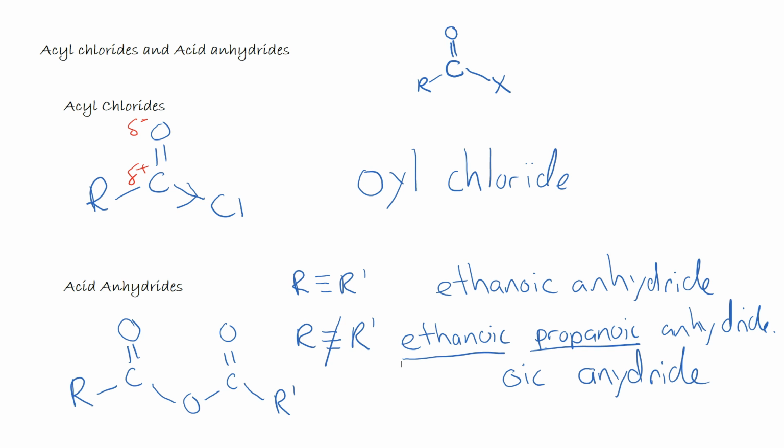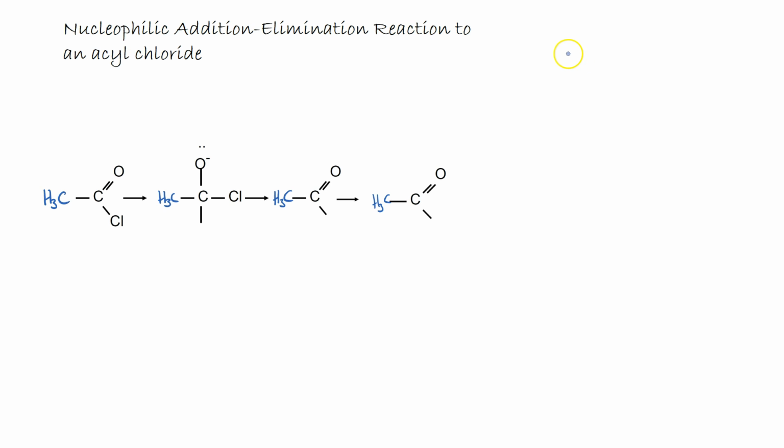We're now going to have a quick look at the individual reactions for the acyl chlorides and the acid anhydrides, and then look at all possible reactants and products. In each of these reactions, we're going to be looking at possible nucleophiles that could react. And our possible nucleophiles that we're going to be using here are water, H2O.